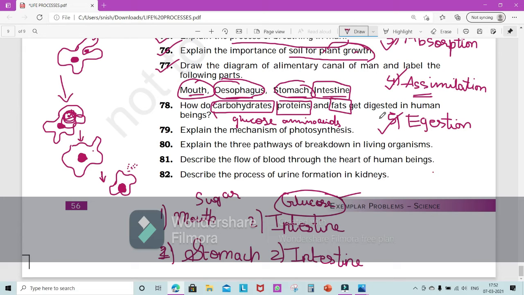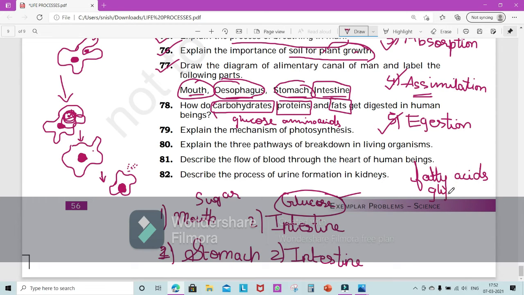We know that emulsification of fat is the breakdown of large fat globules into smaller fat globules, and that takes place with the help of the bile juice stored in the gallbladder. And second, by the action of lipase, fats are going to get converted into fatty acids and glycerol.